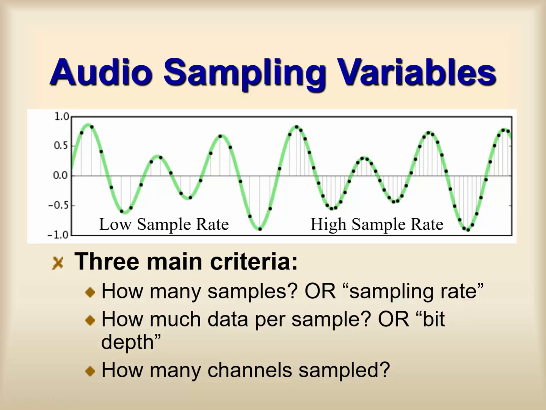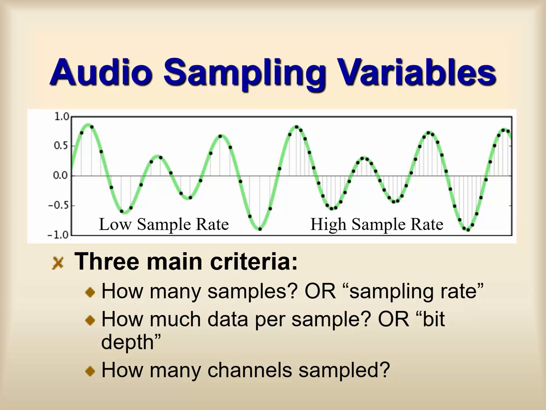How accurate the actual sound wave is depends entirely on how many samples you take. You can see in the graphic on the left is a very low sample rate, and on the right hand side we have a higher sample rate where we're taking many more points of measurement, and so we will have a much more accurate representation of that particular sound.